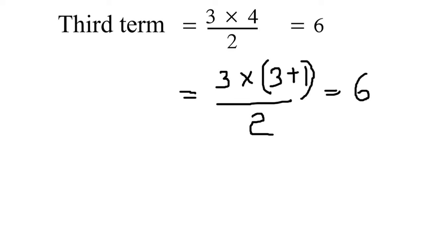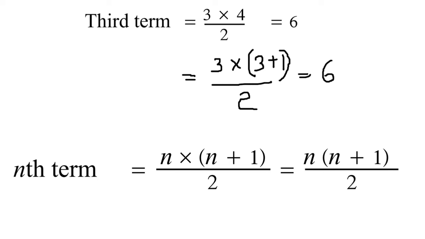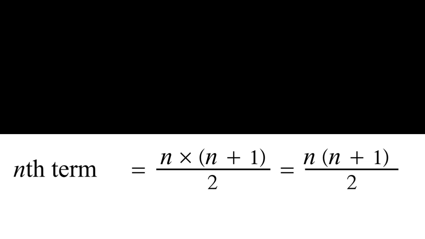The number 4 is greater than the third term by one. තුන්වෙනි term එකට වඩා එකක් වැඩි. එහෙනම් when we want to create the value of the nth term, we should add n plus 1. The general term of the triangular number pattern starting from 1 and written in ascending order is n multiplied by n plus 1 divided by 2.